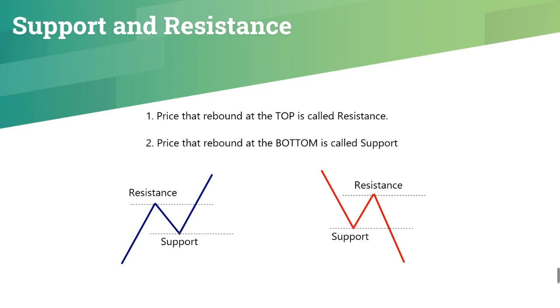So why does support and resistance occur? This is because of a psychology factor. We call it price anchoring. All right, I'm going to tell you a very simple story. Imagine, I believe a lot of people have McDonald's in your country.